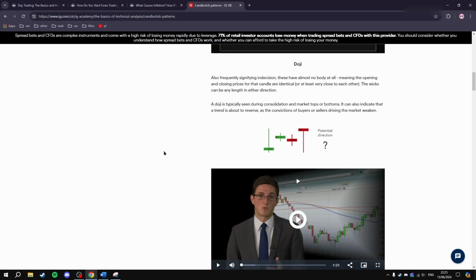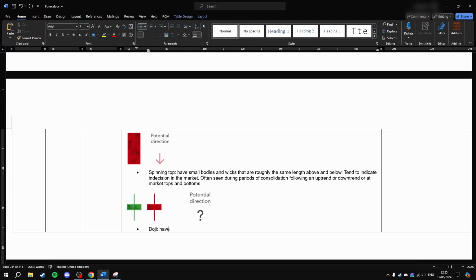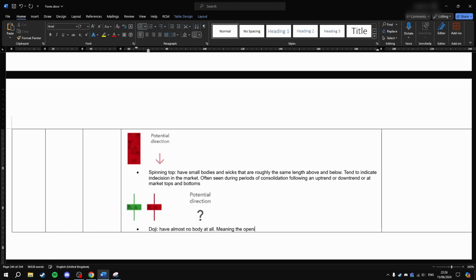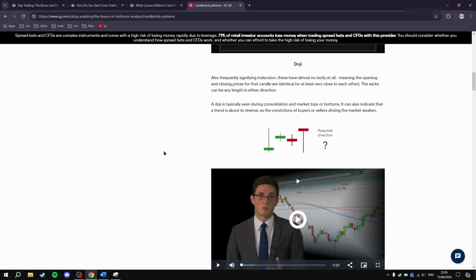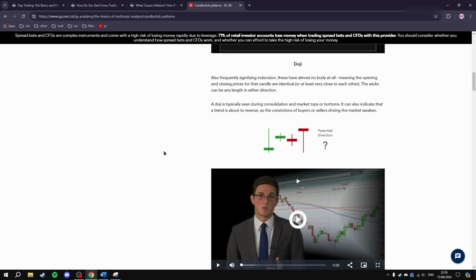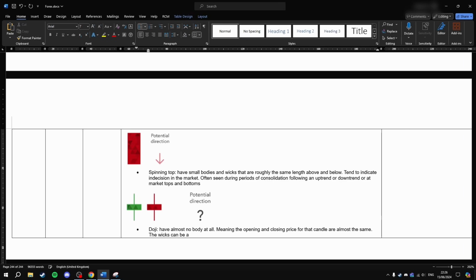So doji also frequently signify indecision. They have almost no body at all, meaning the opening and closing price for that candle are almost the same. The wicks can be any length in either direction. Signifies indecision.